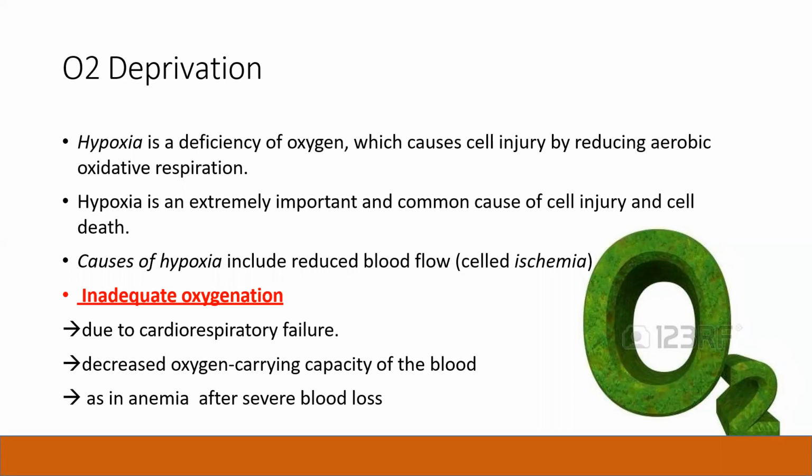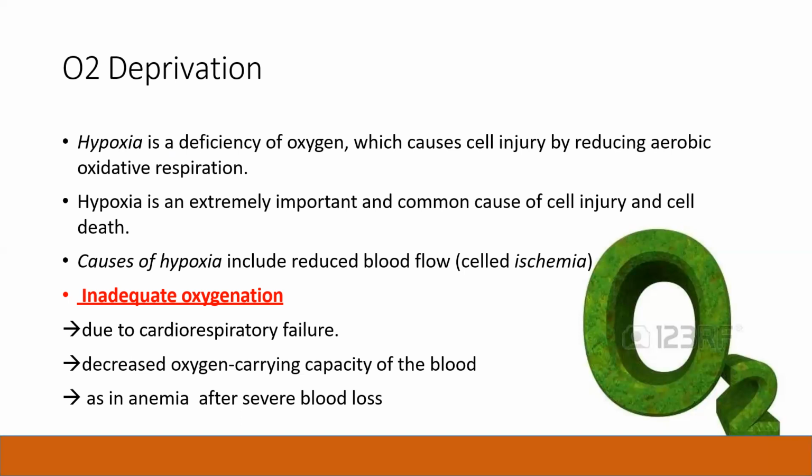Okay. And the low quantity of the oxygen is called deficiency of the oxygen, or you can say it is hypoxia. Hypoxia means low oxygen in the body. Okay. When the oxygen level is low in the body, it causes reduction of the aerobic oxidative respiration.